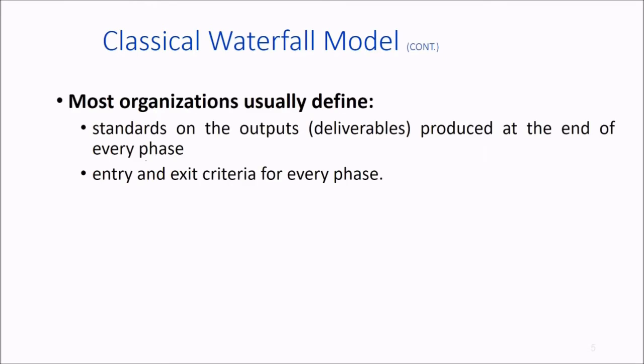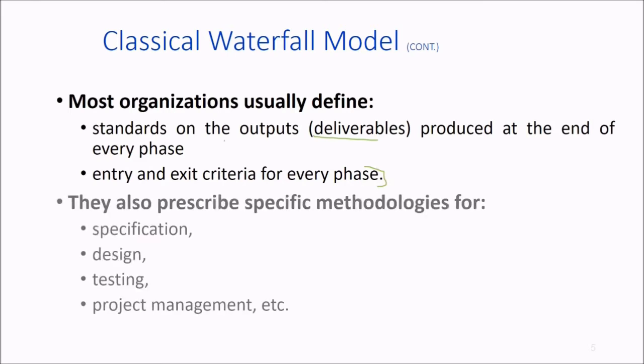Various organizations try to define standards on the output, that is, the deliverables produced at the end of every phase. And again, let me reiterate that entry and exit criteria for every phase are defined. They also prescribe certain methodologies for specification, design, testing, and project management. Various other things are also involved.